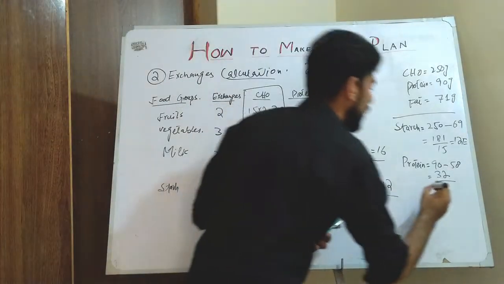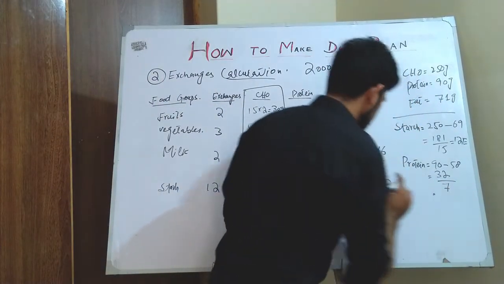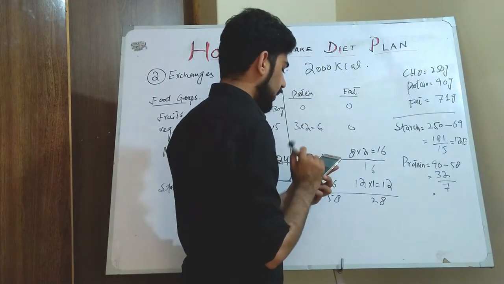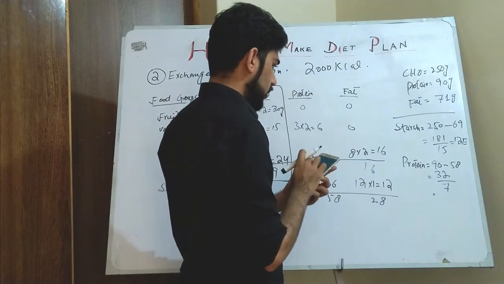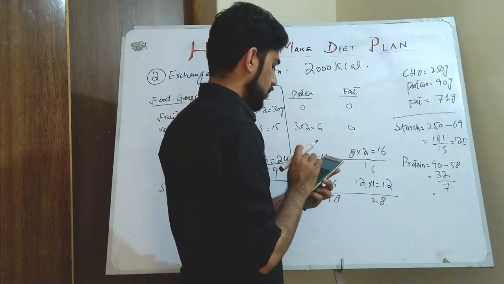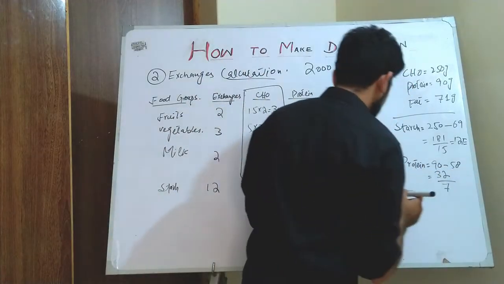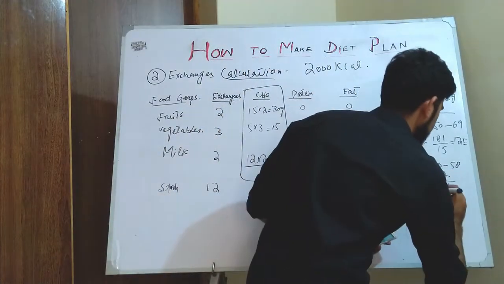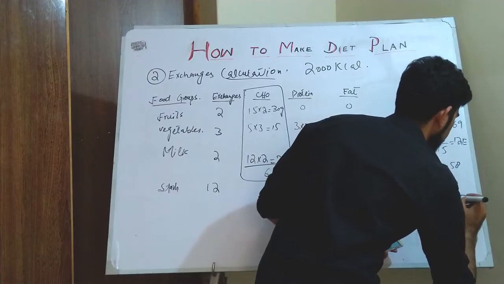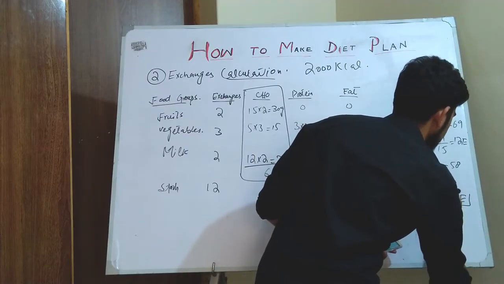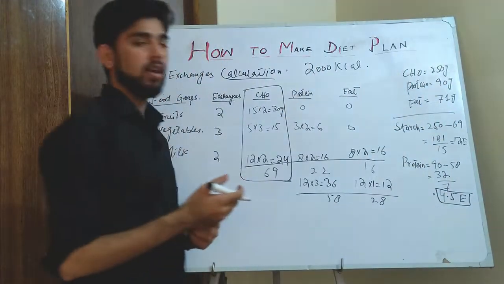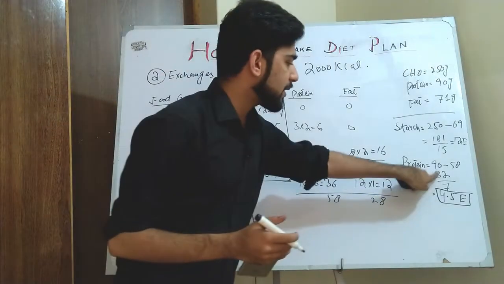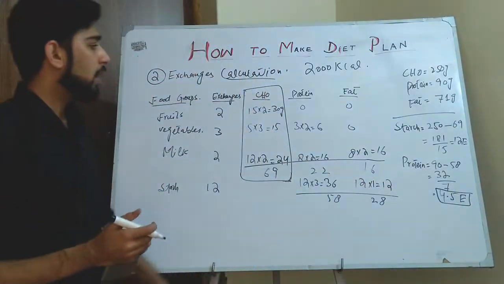That's why we'll divide it by 7, and we get 4.5 exchanges of protein.